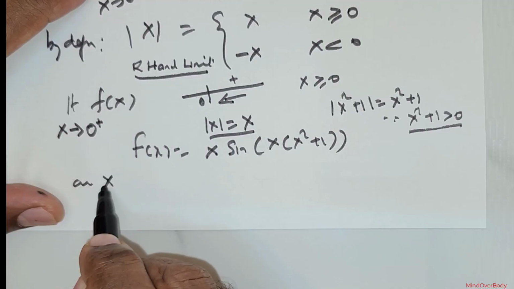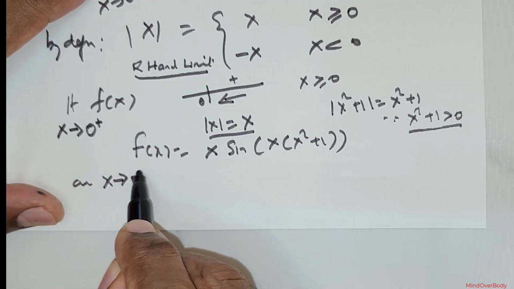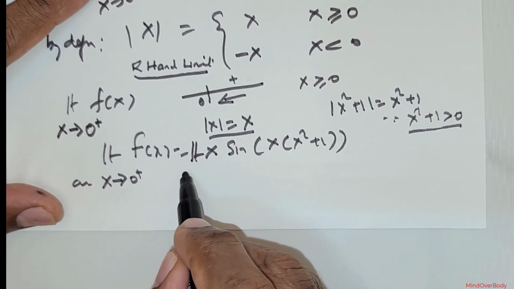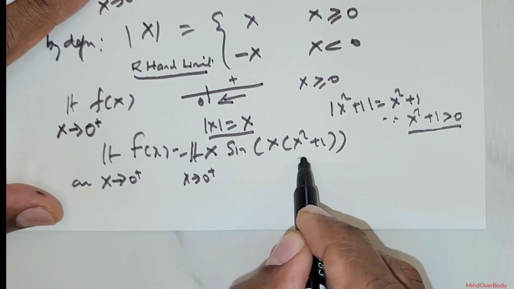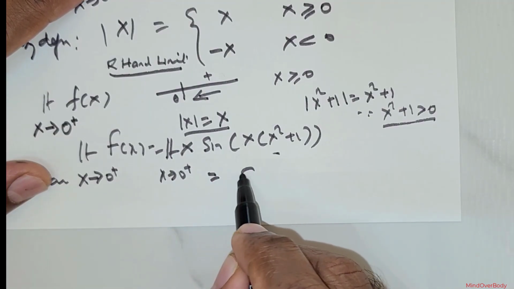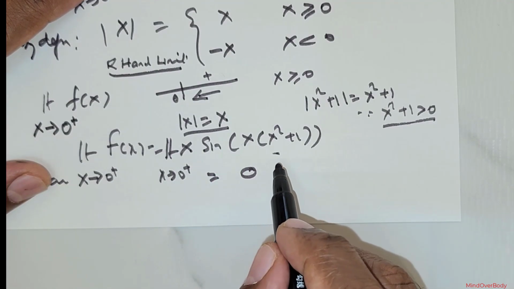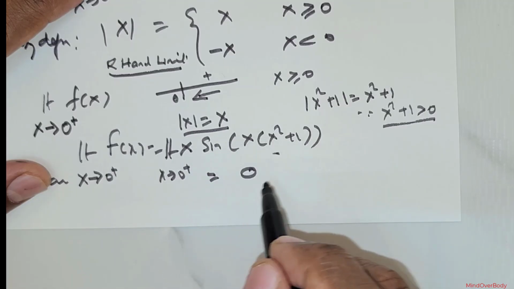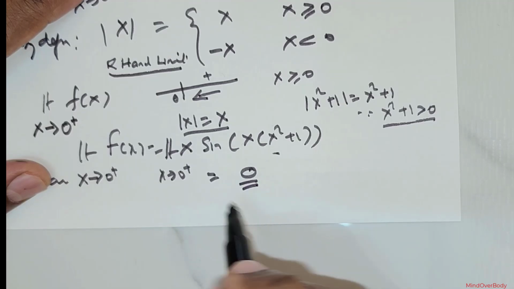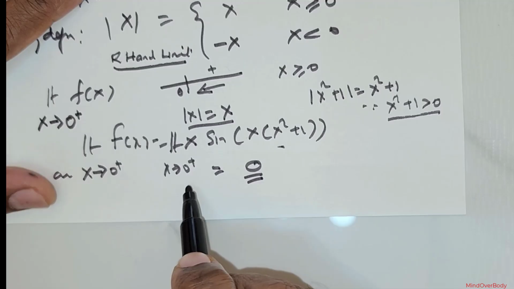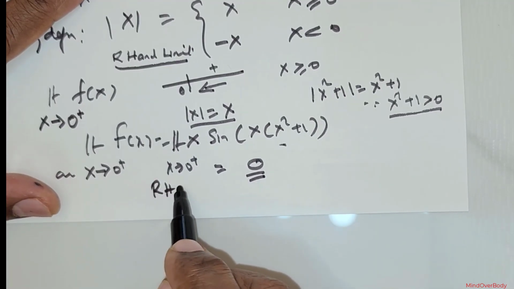Now as x is tending towards 0 from the positive side, you set the limit x equal to 0, which means you're getting the value 0, because sine of 0 is 0, and 0 multiplied with this component will produce you 0. This is as x is moving towards 0 from the right hand side. So this is what is called a right hand limit.